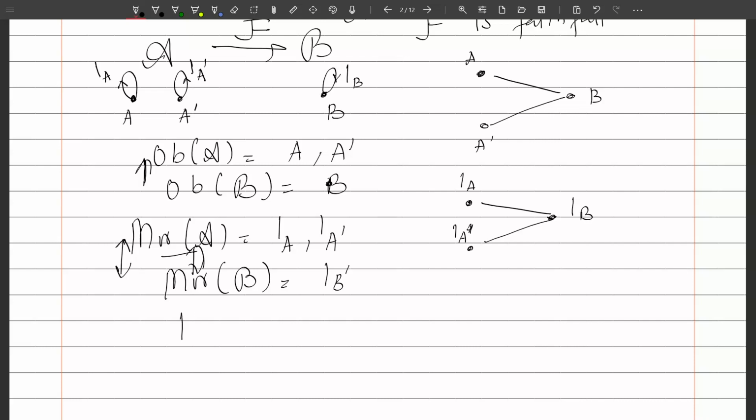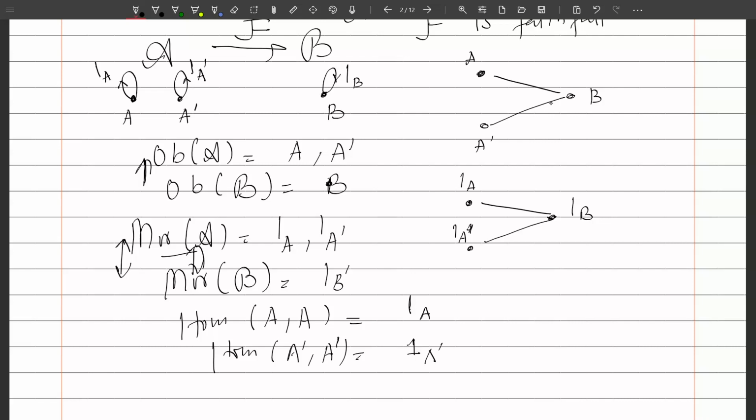One should note here, the home set from A to A prime has no morphism, so this is empty. Similarly, home A prime to A is also empty. I mean, there is no map between these two objects. However, the home set A to A is just the identity 1 sub A. Similarly, the morphism set from A prime to A prime is 1 sub A prime.